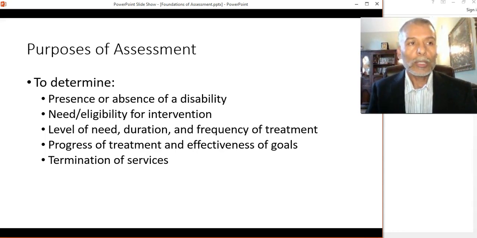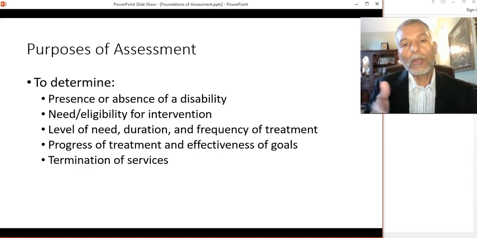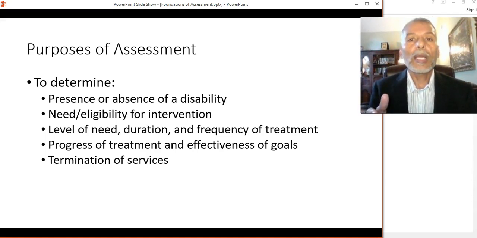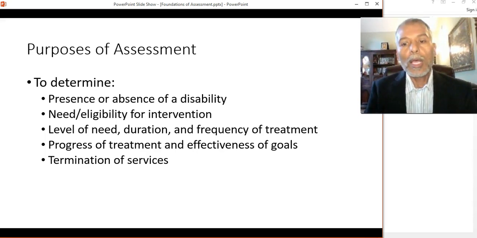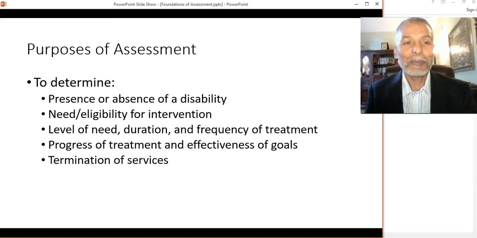So typically someone refers a person to you, either in a hospital. In a hospital, they call them patients. In clinical practices, sometimes they call them clients. In medical practices, they call them patients as well. In school systems, they call them students. So you have these terms, different, but it's the same person that we are speaking about.